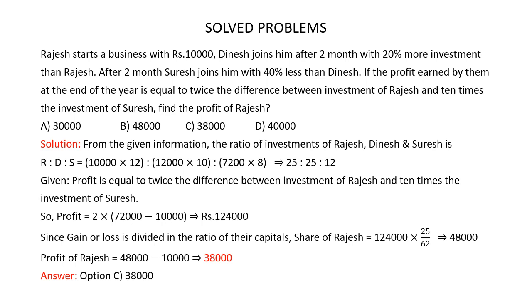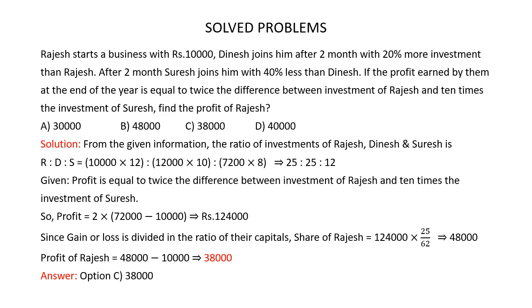So the difference between investment of Rajesh and 10 times the investment of Suresh is 72,000 minus 10,000, which is 62,000. Now profit is equal to twice this difference. So profit is equal to 2 multiplied by 62,000, which is 1,24,000. So profit is 1,24,000 rupees.